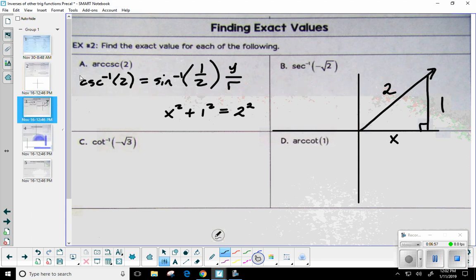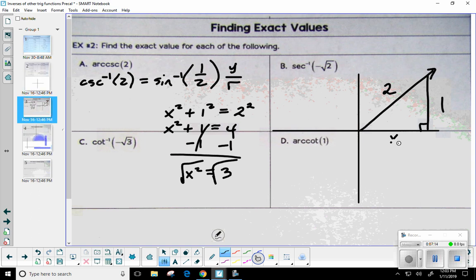Well, 1 squared is just 1, equals 2 squared, which is 4. Then I would subtract the 1. So x squared is equal to 3. And then x, we're going to find that by taking the square root, just what we've been doing all week.